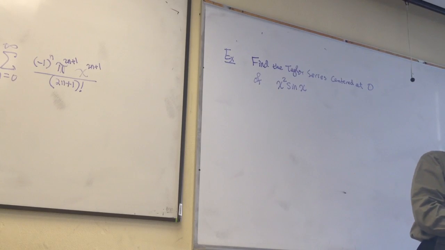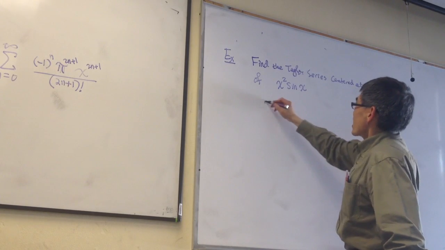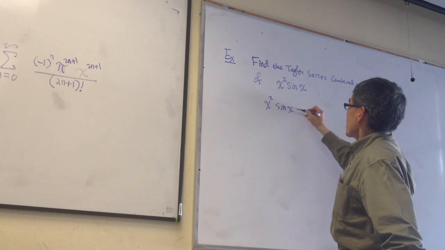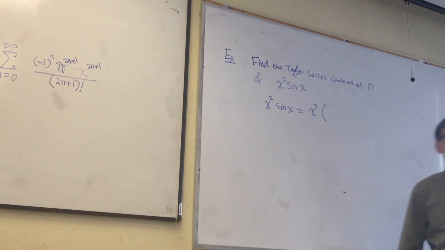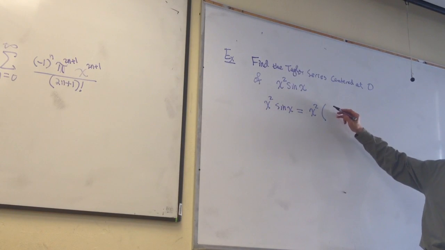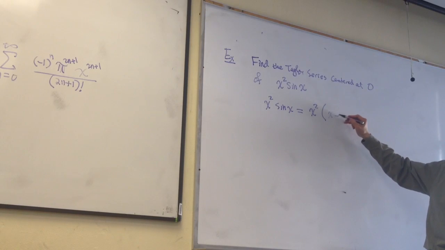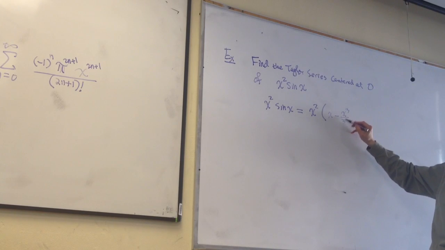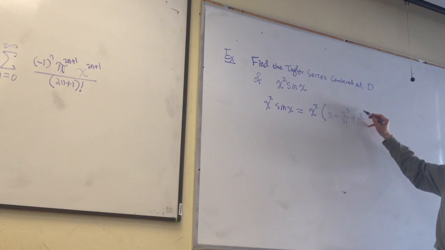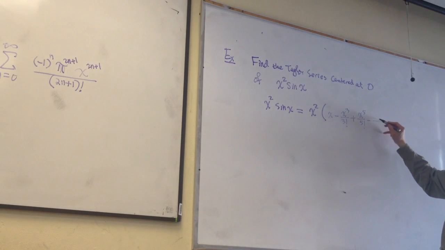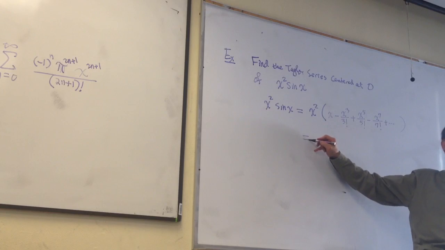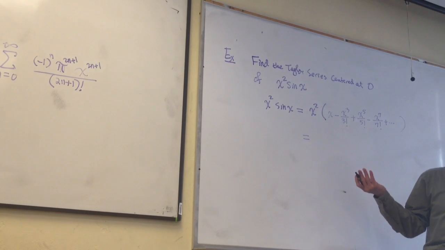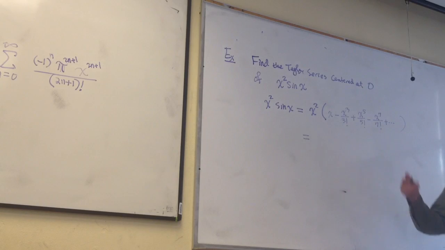Is that right? Why? Because for x squared sine x, I know that there is a series that converges to sine x, a series centered at 0. Well, that's something that you have to memorize. And then just distribute.